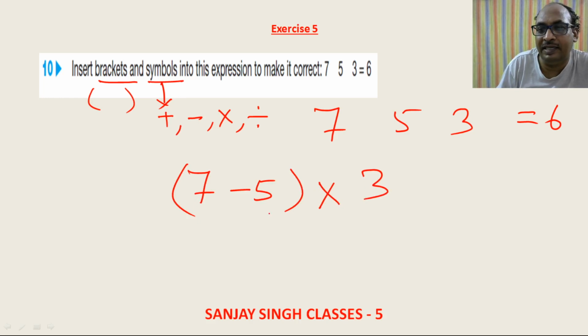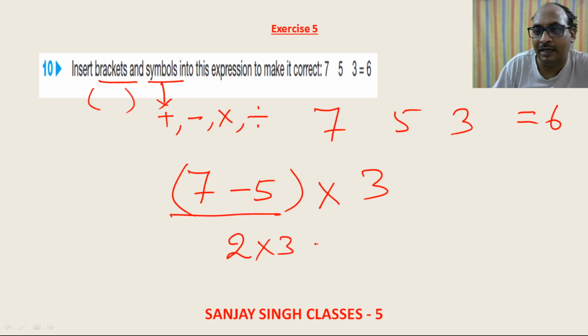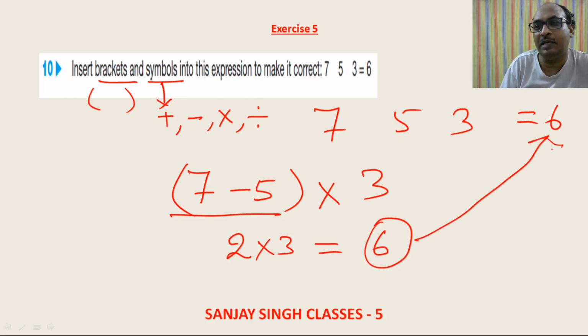Then 7 minus 5 gives us 2, into 3, and the answer will become 6, which is the same. So we have used the symbol of multiplication, and we have used brackets also simultaneously.